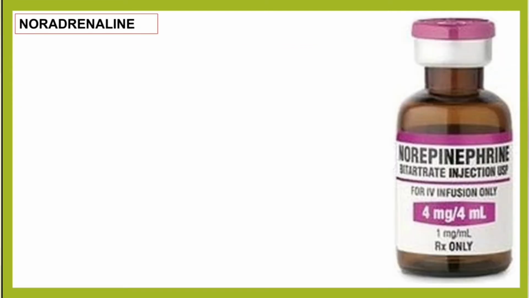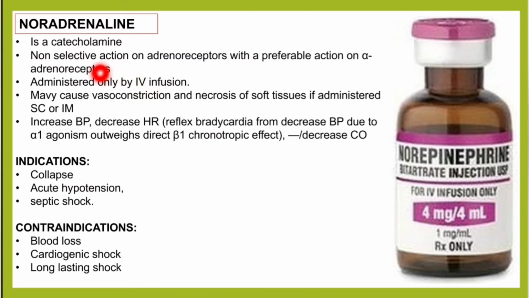The next one is noradrenaline or norepinephrine. This is a catecholamine. It has non-selective action on adrenoreceptors with a preferable action on alpha-adrenoreceptors. It is administered only via IV infusion. It may cause vasoconstriction and necrosis of soft tissue if administered subcutaneously or intramuscularly.